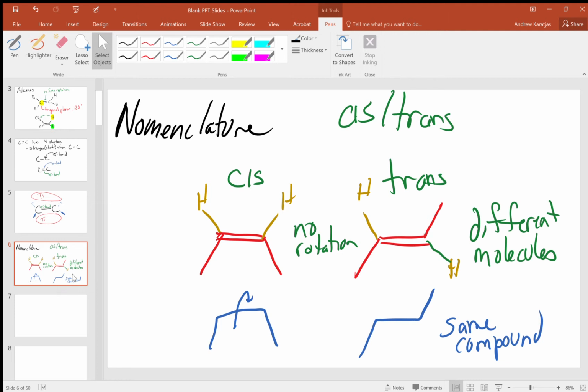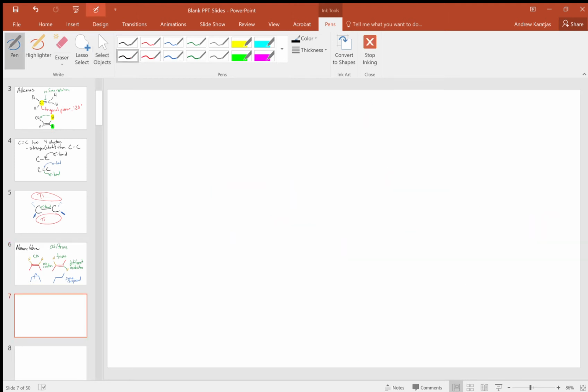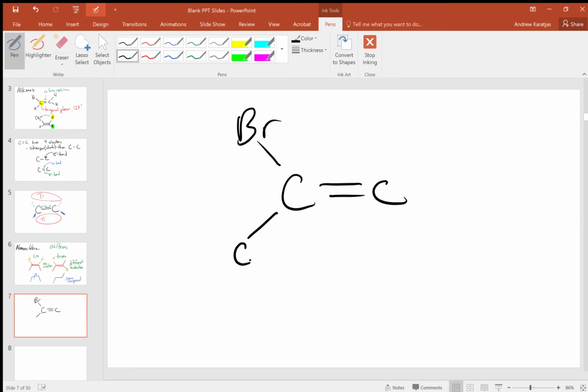But for a lot of molecules, cis and trans isn't sufficient. And the reason it's not sufficient is once we get more than 2 substituents on our alkene, which isn't hard to do, that sort of concept of cis and trans just doesn't really make any sense anymore.